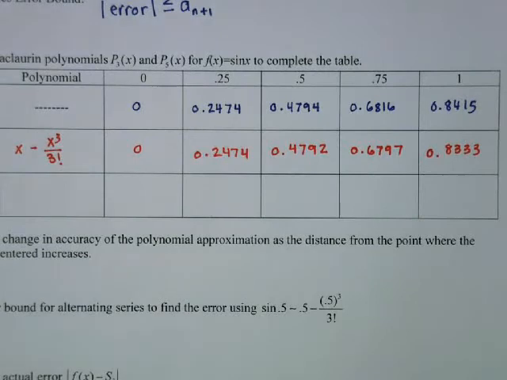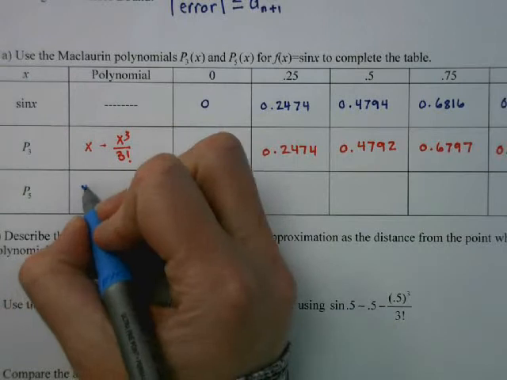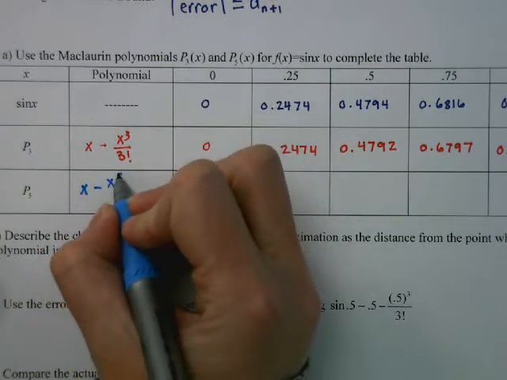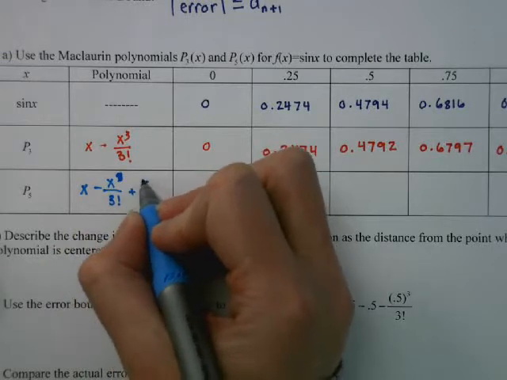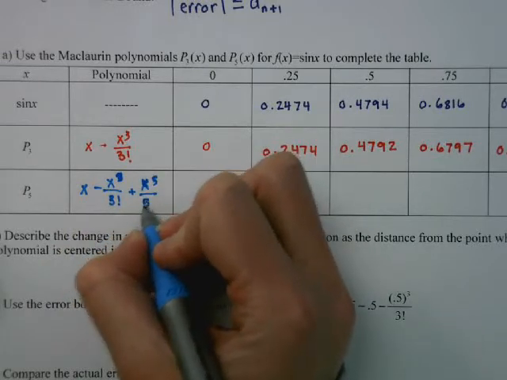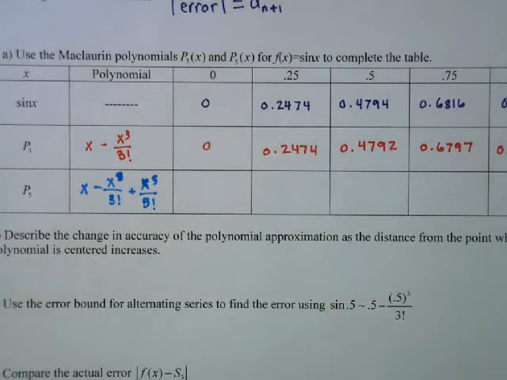Now we're going to do this with a fifth degree polynomial. So we're going to add on one more term, plus x to the fifth over 5 factorial. Again, we'll plug this in the calculator.